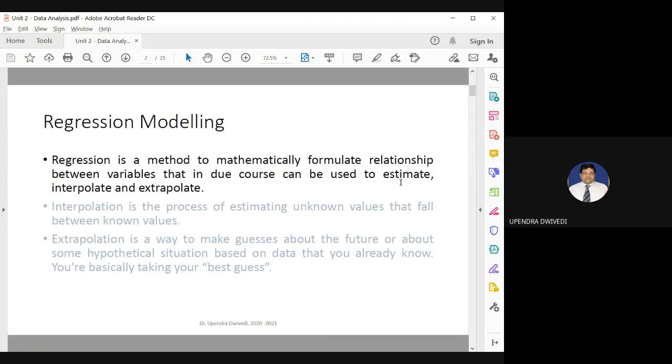It is certain that the symptom variables of a patient have some relationship to the diseases of the patient. So the whole aspect of regression modeling is to find out the relationship.